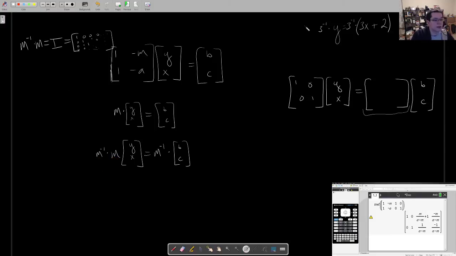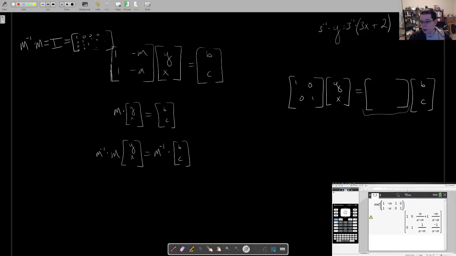And instead of 3 inverse times 3 being equal to 1, it's the matrix equivalent to 1, which is just the identity matrix. So here we'll have 1, 0, 0, 1 for our M inverse times M. And the M inverse will go here, which we can then multiply by this guy to get this vector.